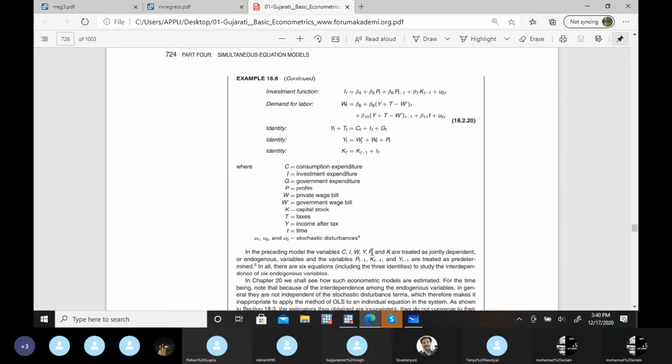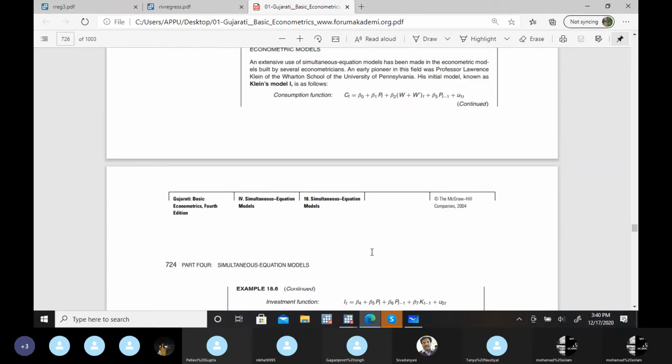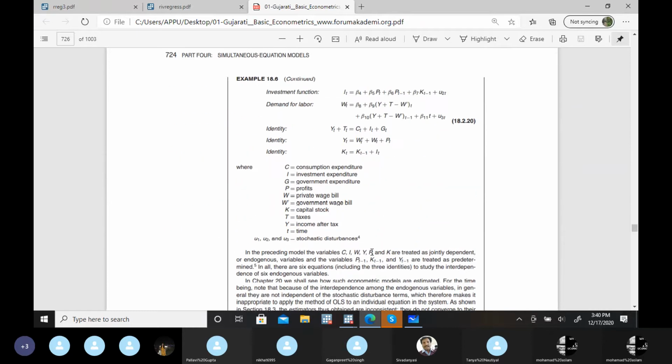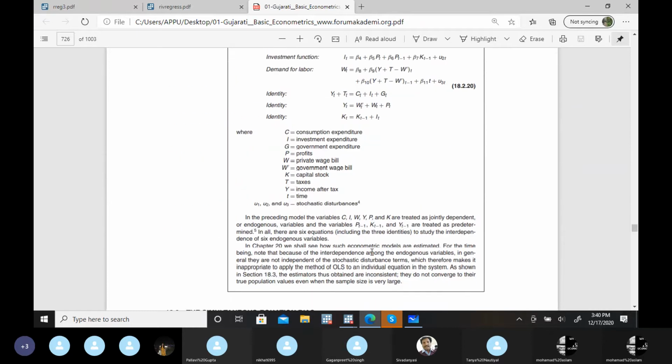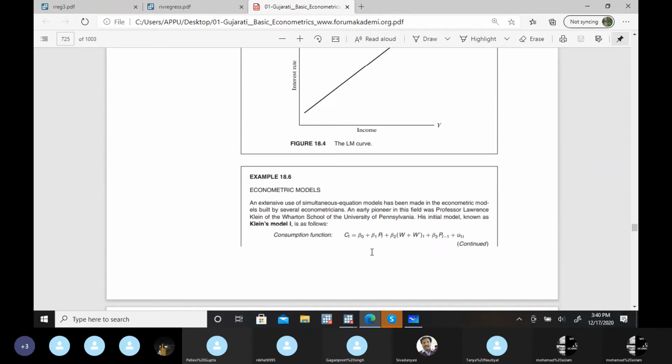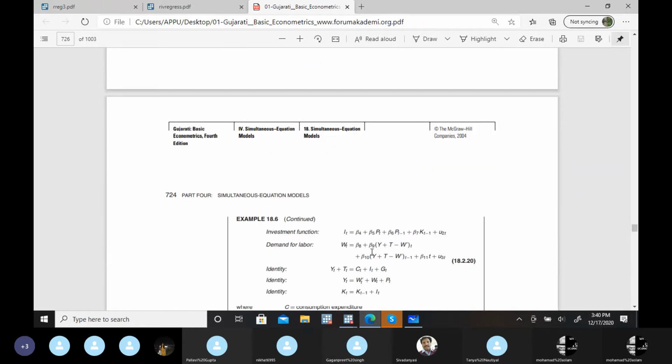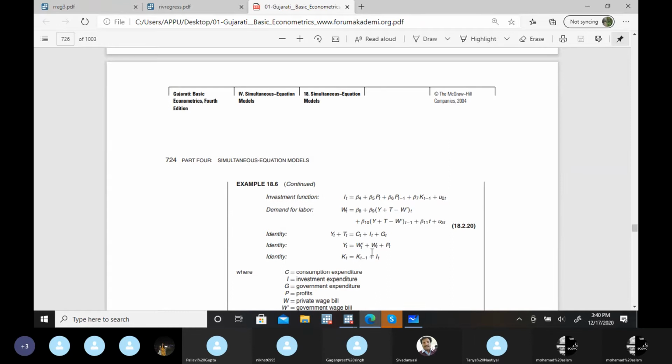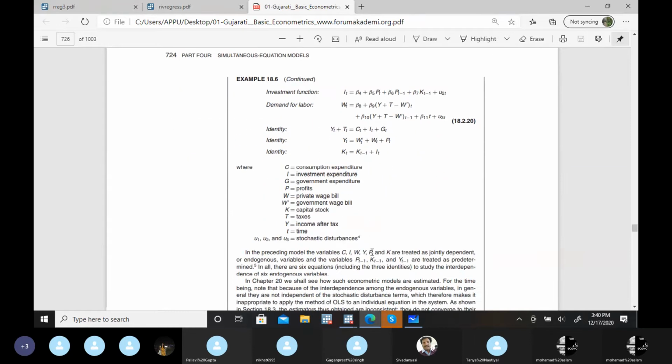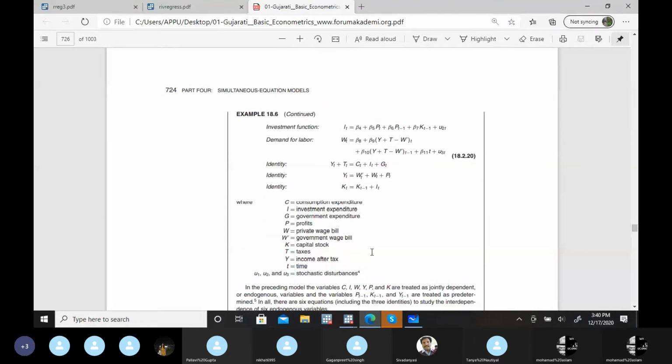Why is this price an endogenous variable here, although it's not mentioned anywhere in the equation? So maybe theoretically, for these models we have to understand the theoretical background, but as a simple rule, we can take this P as a predetermined variable because it's not mentioned as a dependent variable in any of the cases.